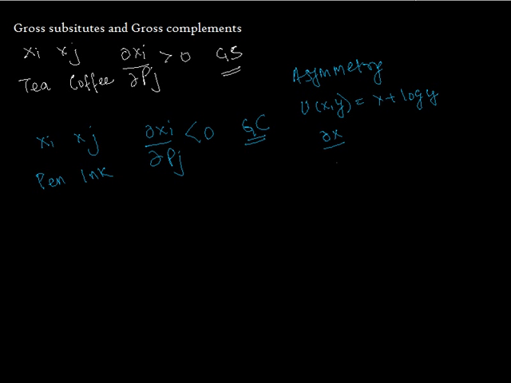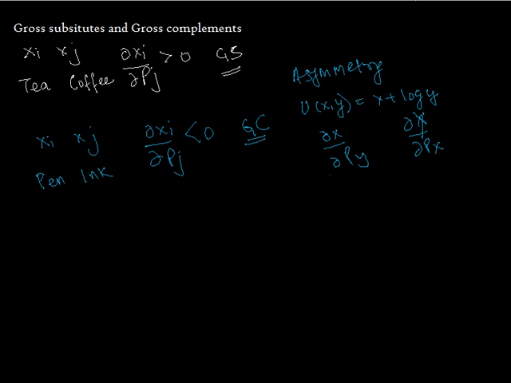One is del x by del py, and the other is del y by del px. You just need to find these two derivatives in order to conclude whether both of these are gross substitutes or both are gross complements.